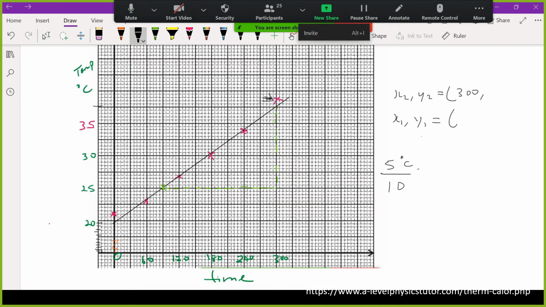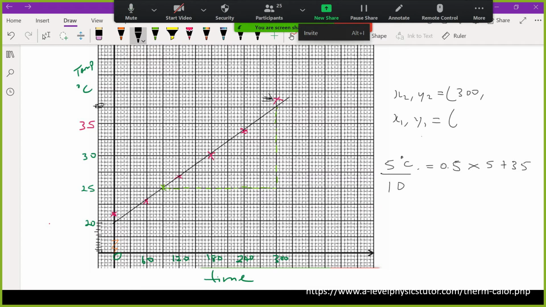Let me just verify again. So 0.5, 0.5. That is what one of the small boxes represents. Now, if I want to find out this number right here, all I need to do is times 0.5 times 5, then add that to 35.